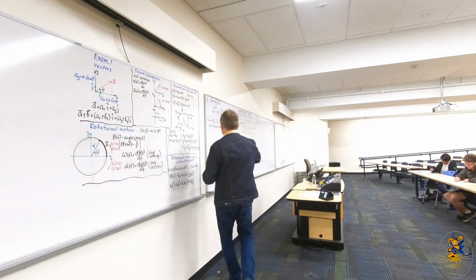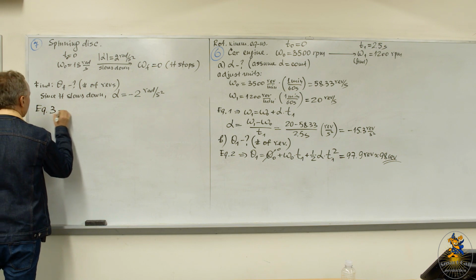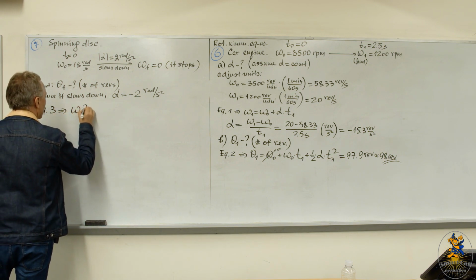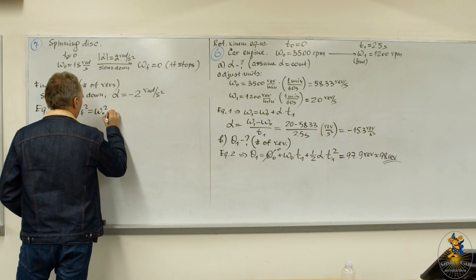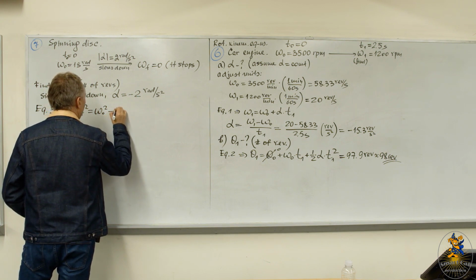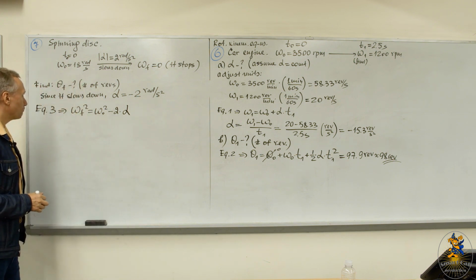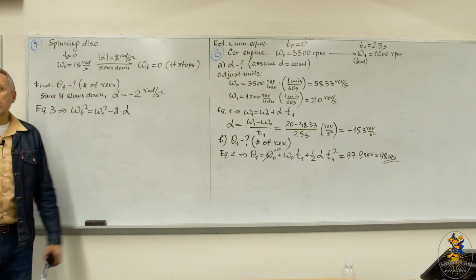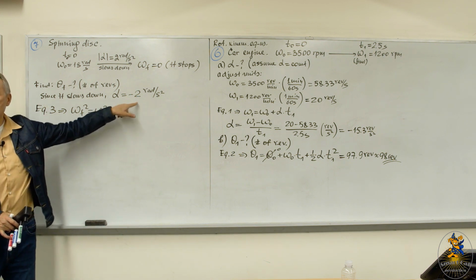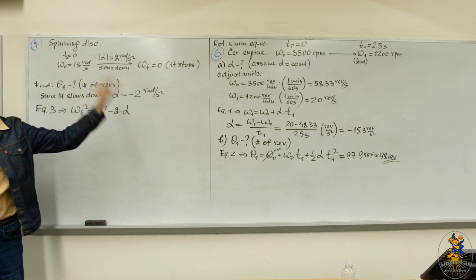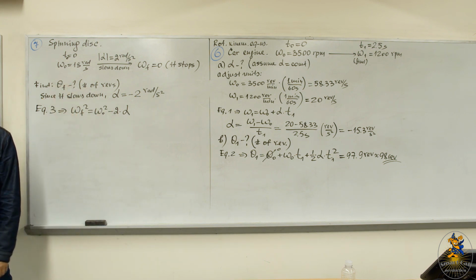So equation 3. Omega final squared equals omega naught squared, then minus 2 alpha. Of course, there are 2 ways. You can either write plus and then use the value which is negative at the end, or you can show it explicitly in the equation. So it's up to you.